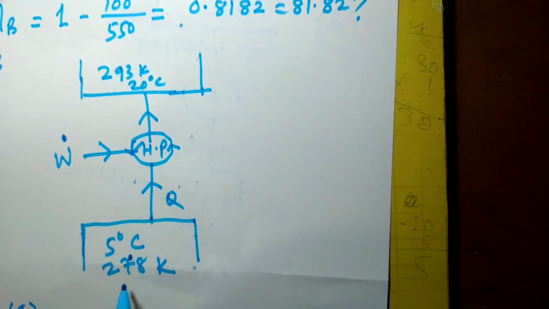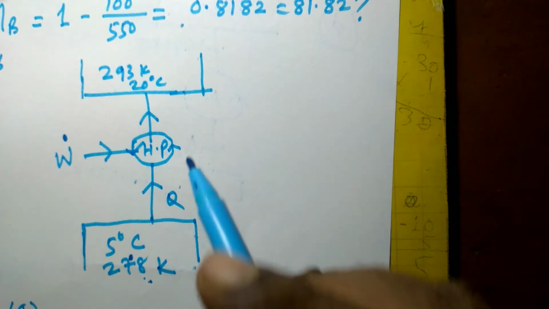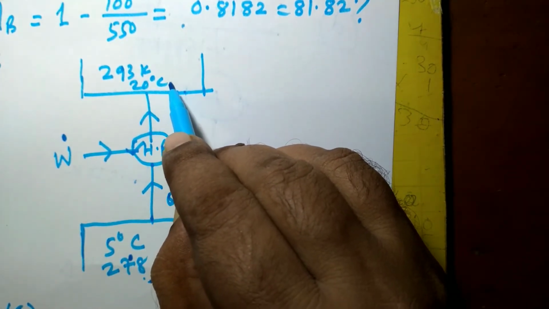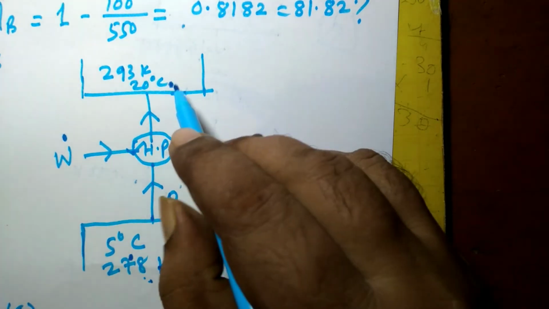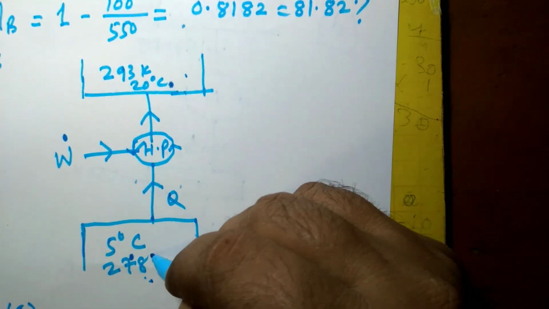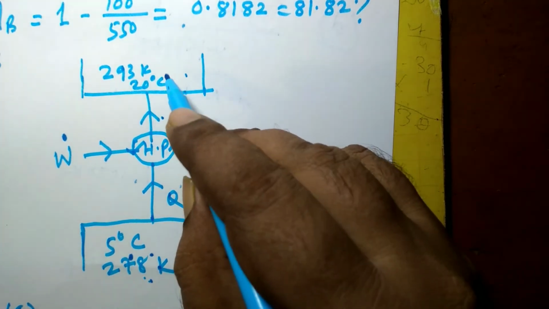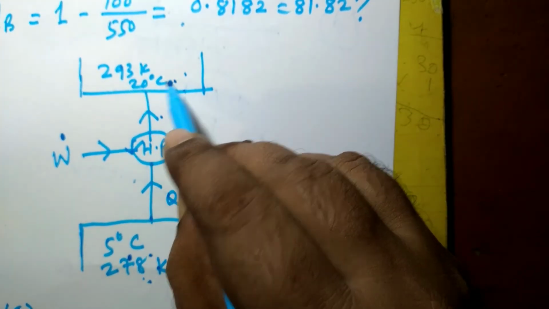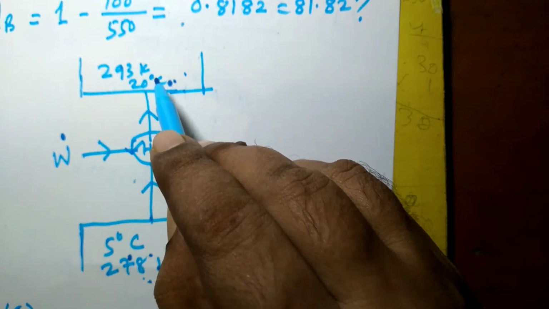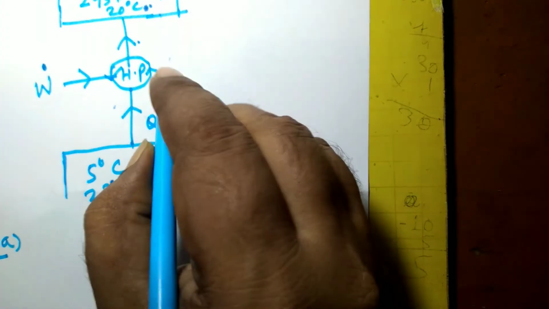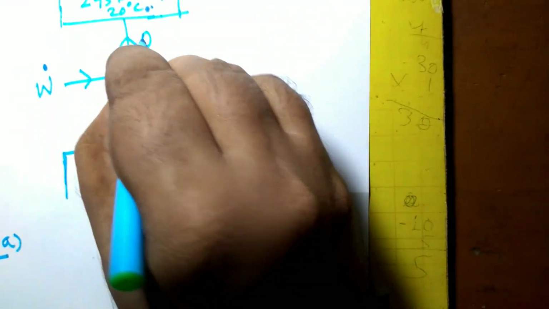Obviously heat will flow from this room to the surrounding, so we have to continuously supply some amount of heat so that the temperature would be maintained at this level, otherwise the temperature will go down. So you see, this is the Q dot.